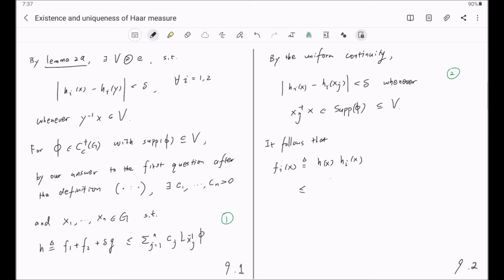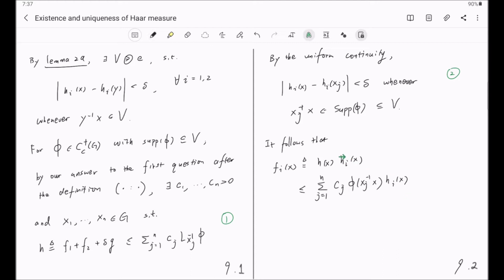This will be less than or equal to the summation from j equal to 1 to n of c_j times phi of x_j inverse times x times h_i of x.